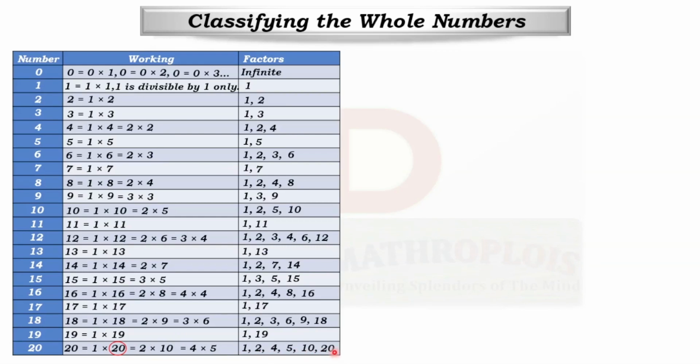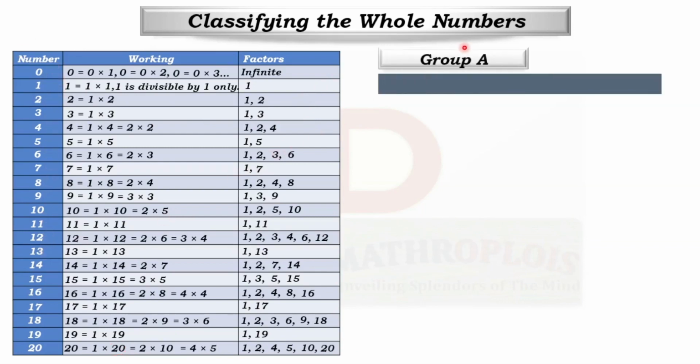Similarly, it continues with the same pattern. Now considering the number of factors, we can classify the whole numbers into different groups. Group A comprises the number which has infinite factors, and that number is only 0, as 0 is a factor of every number, so it has an infinite number of factors.